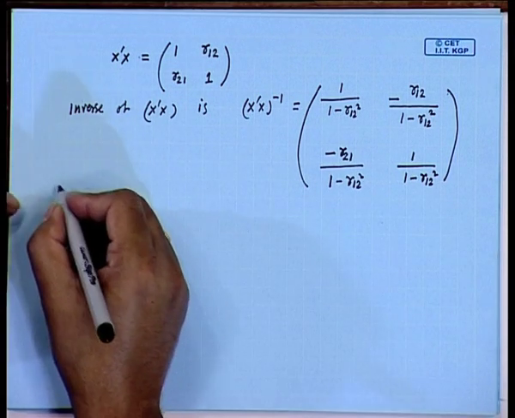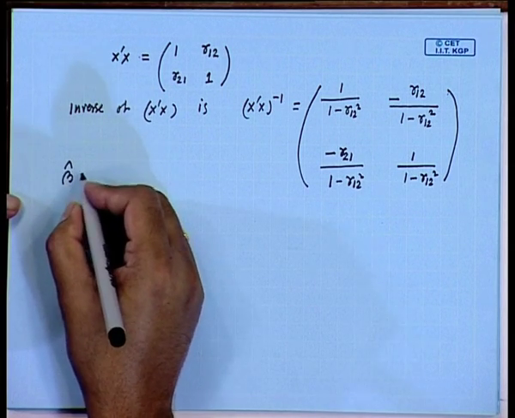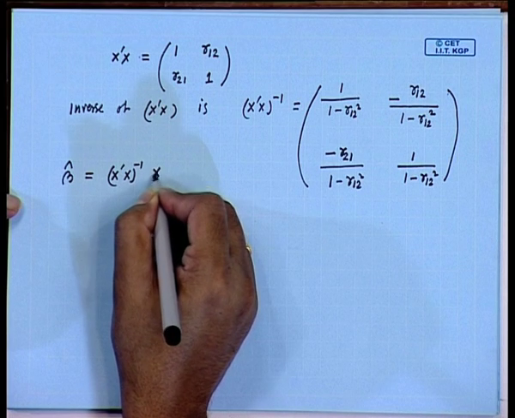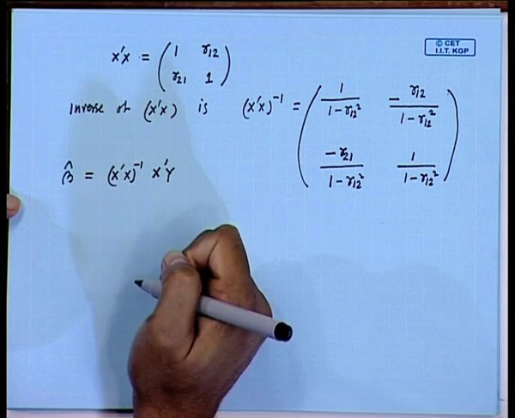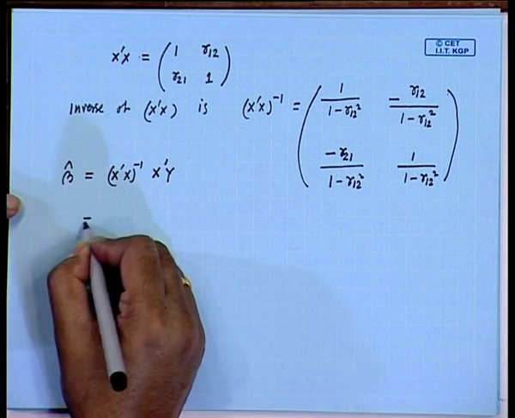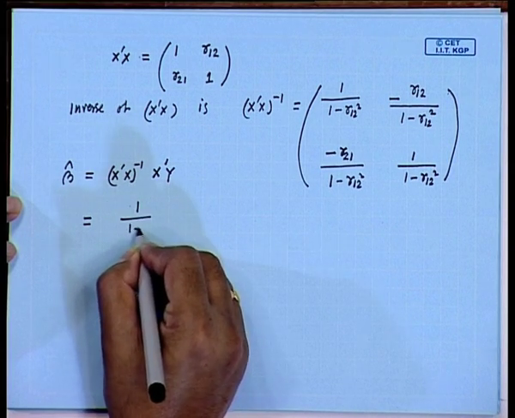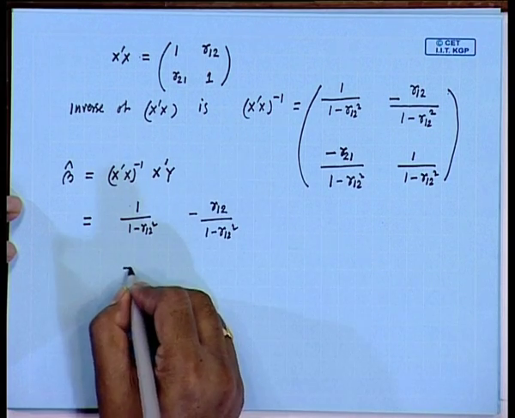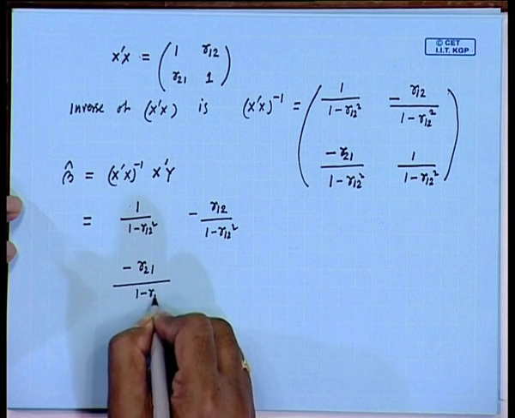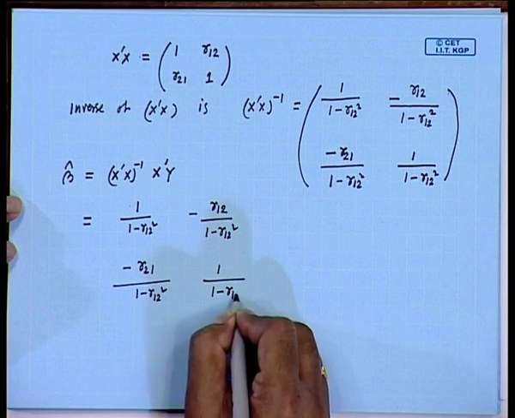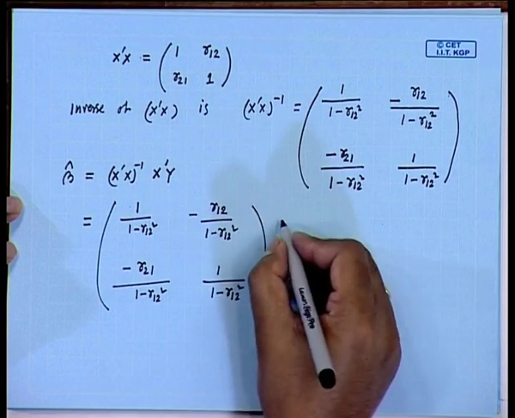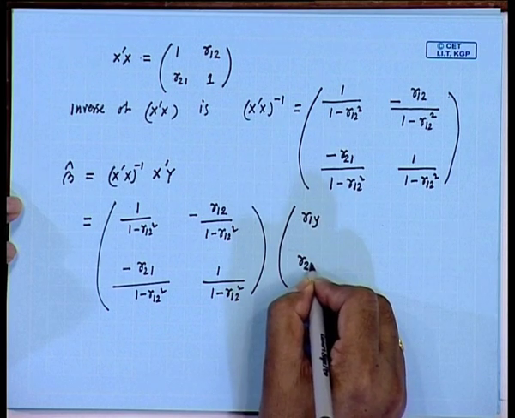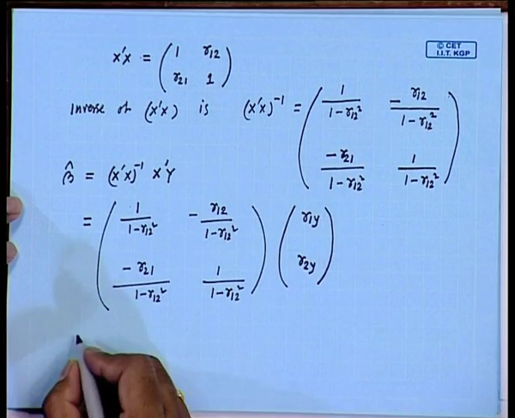Well, so beta hat, the least square estimator of the regression coefficient, is equal to (X prime X) inverse X prime y, which is equal to 1 by (1 minus r12 square) times [1, minus r12; minus r21, 1] times [r1y, r2y].